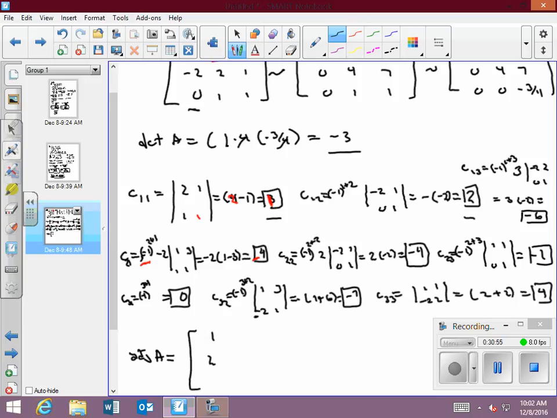Rather than being first row, second column, it's second row, first column. And then that's -6. You interchange the rows and the columns. And this is going to be a -4, -4, and a -1. And this is going to be a 0, -7, and 4.